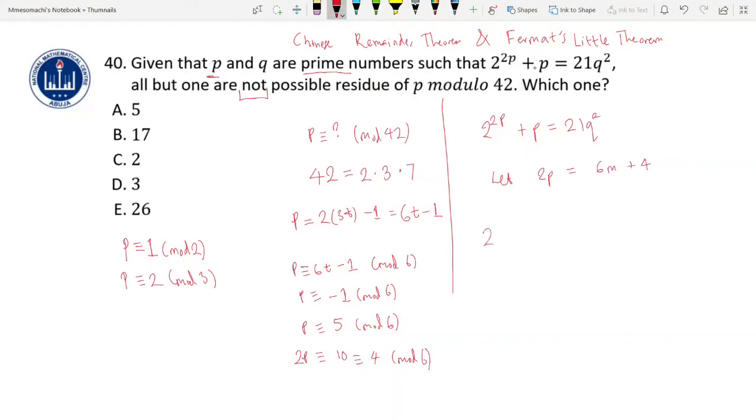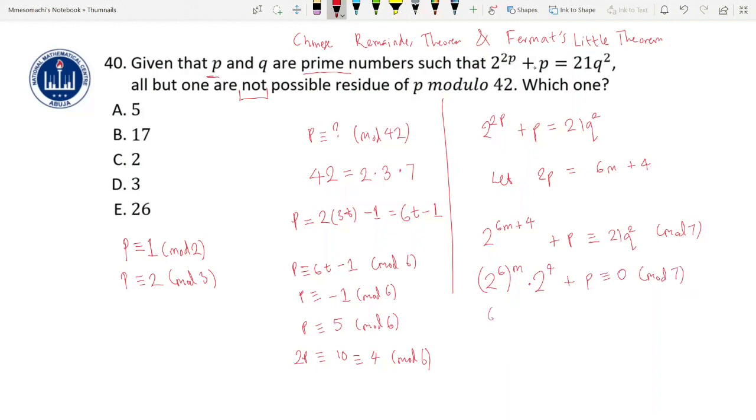So we have 2 raised to the power 6m plus 4, plus P, congruent to 21q squared mod 7. And we know that 7 divides 21. So this is the same thing as 2 raised to the power 6, raised to the power m, times 2 raised to the power 4, plus P, congruent to 0 mod 7.